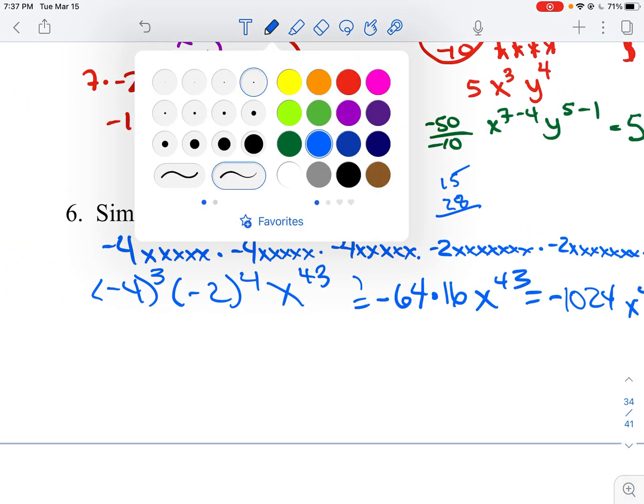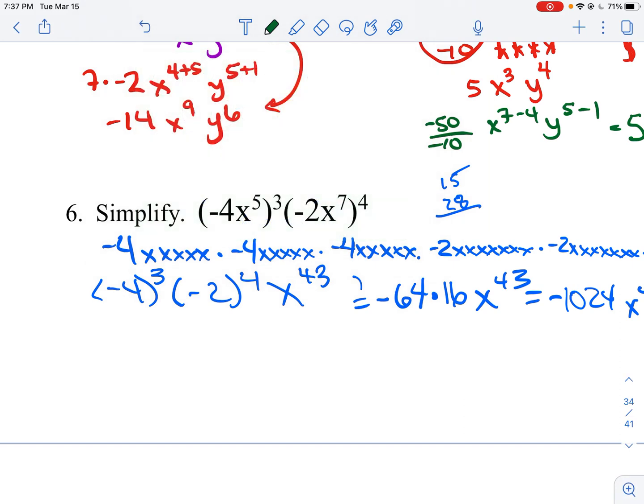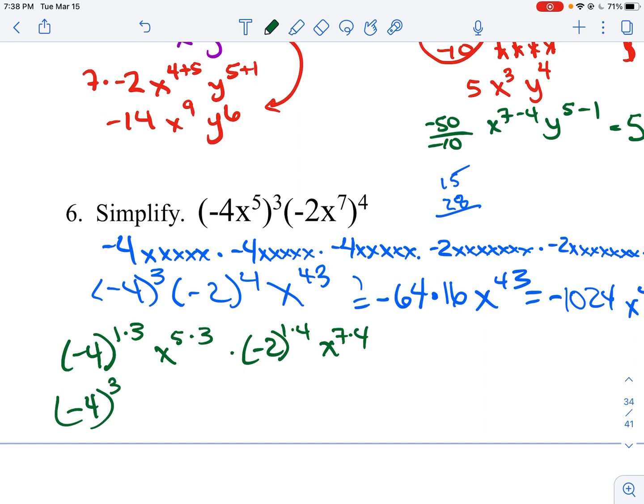Now, if I did it the property way, I would take negative 4, 1 times 3, x, 5 times 3, negative 2, 1 times 4, 7 times 4. That will get me negative 4 raised to the 3rd power, x to the 15th, times negative 2 to the 4th, and x to the 28th.